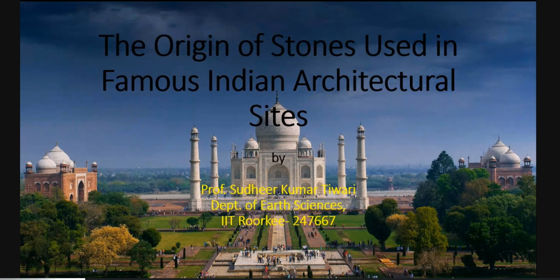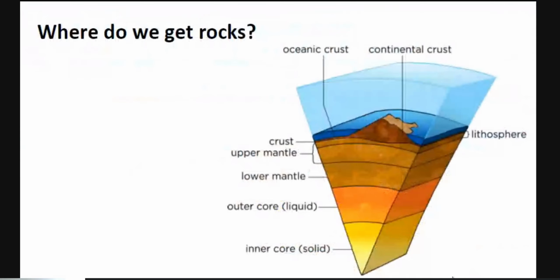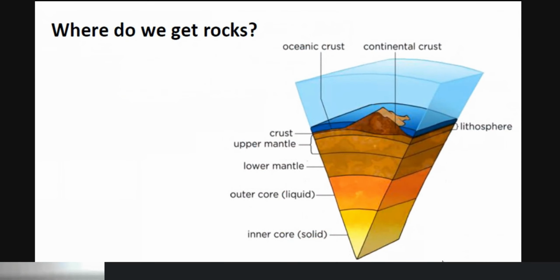Before going to that topic, I will go through where and how these stones or rocks are made. What is the process behind this? How do we get our marbles?